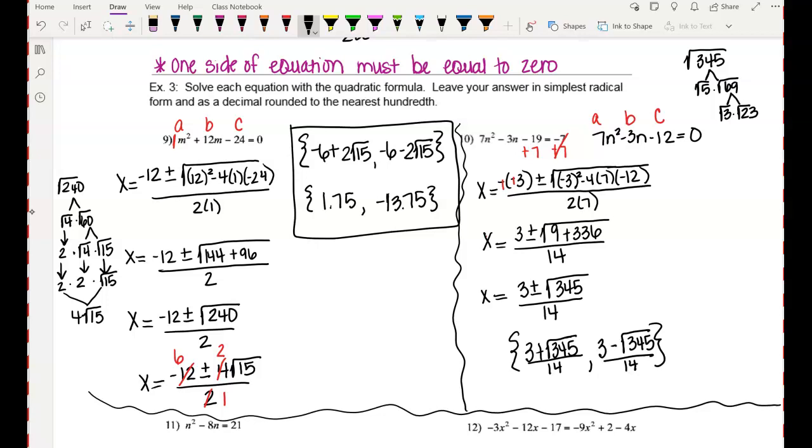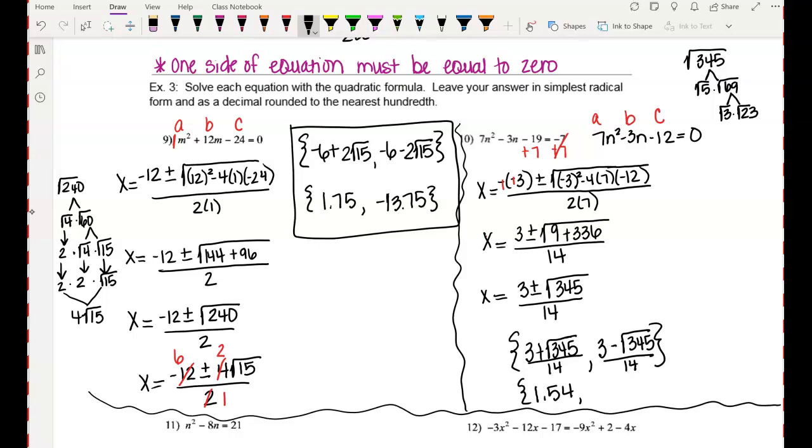So now I have to use my parentheses because I am going to be dividing. So I have to set this up 3 plus the square root of 345. And again, make sure you remember how you get that parentheses. For me, I had to use my navigation arrow and go one to the right to end my parentheses before I do the divided by 14. And I get 1.54 as my decimal.